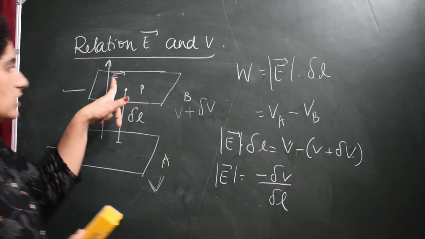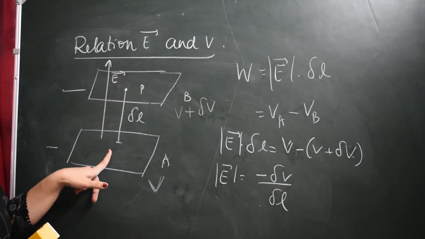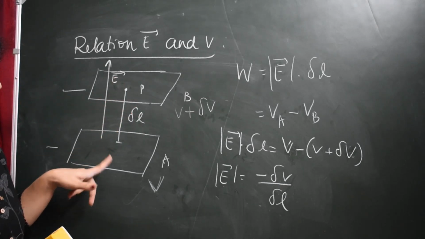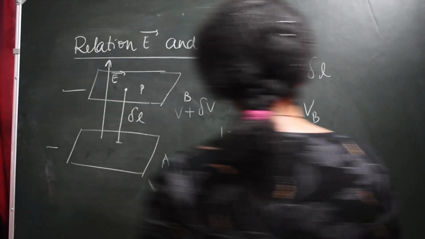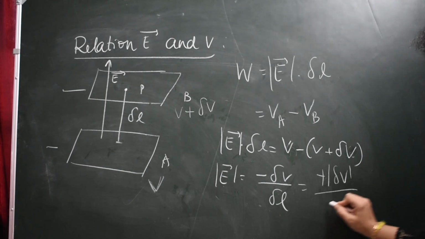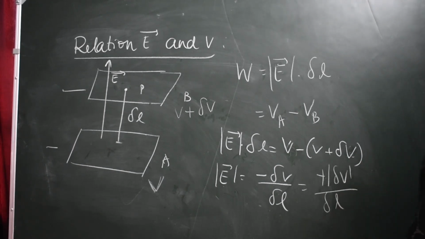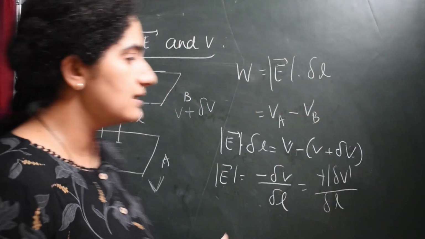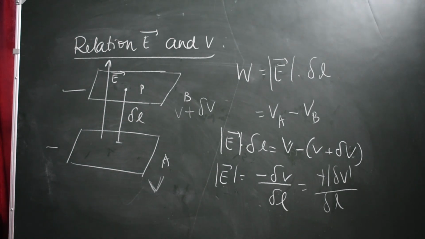It is minus because we are doing work against the electric field. This you can also write as plus magnitude of delta V divided by delta L. It is one and the same. This is the relation between electric field and the potential.